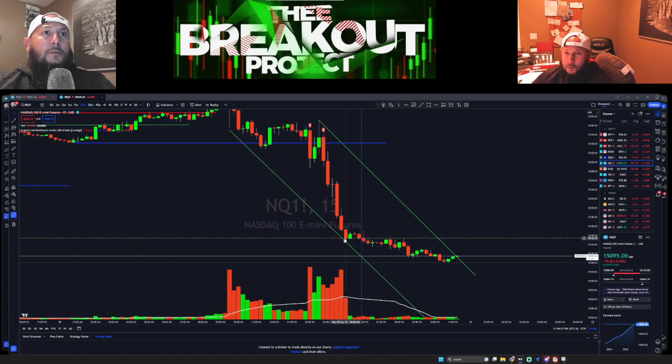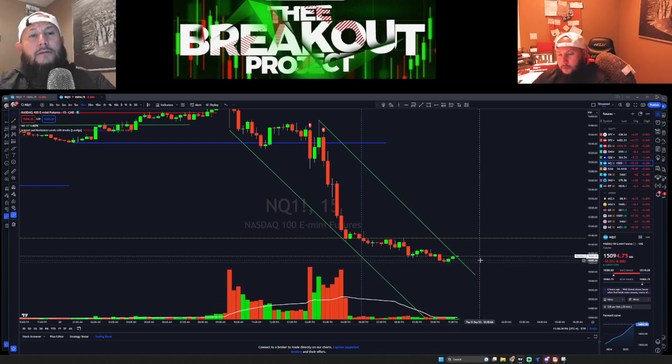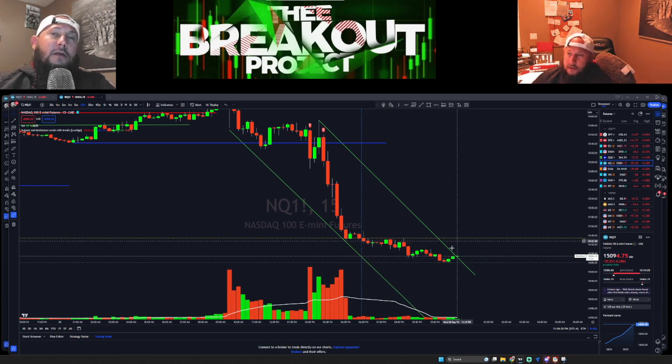At one point it was support. Right here was support. This candle support, then it finally broke through, and then it acted as resistance. And it's been acting as resistance because the price is below. So whenever price is above, it would be support. Whenever price is below, it would be resistance.